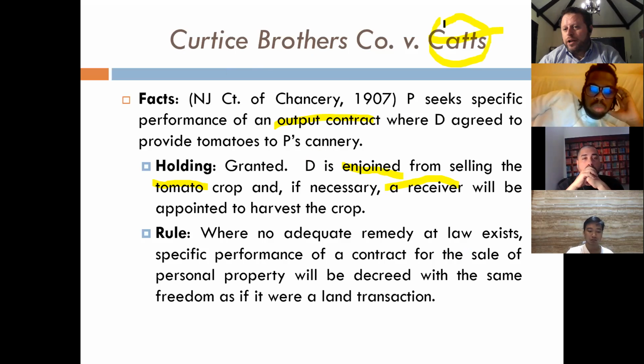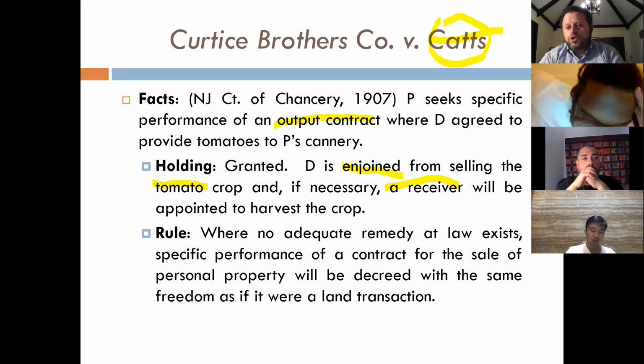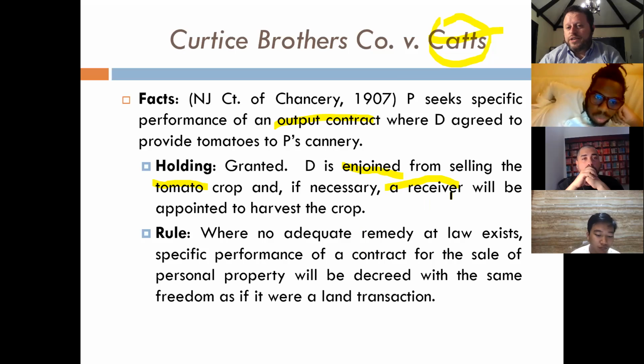They will put him in jail for like an afternoon or a month or however long. It's his own fault. They're going to hire someone. A receiver is like a manager. So the court will hire a manager. The manager will go hire workers to come in, harvest all the tomatoes, clean them, do whatever has to be done. Then, ship them all to the Curtis Brothers.